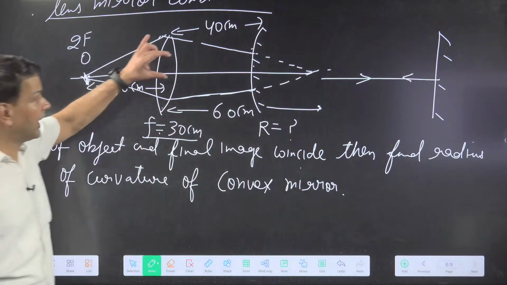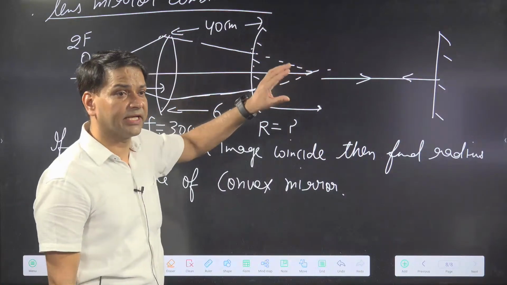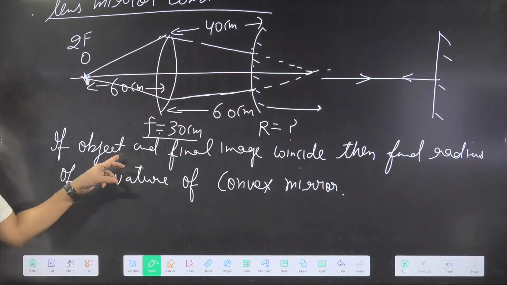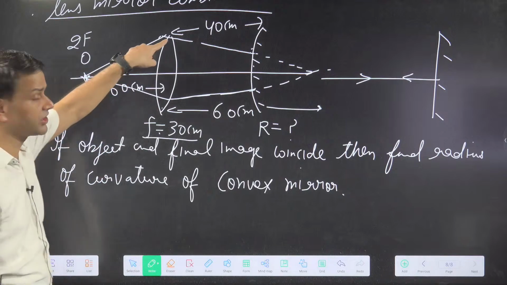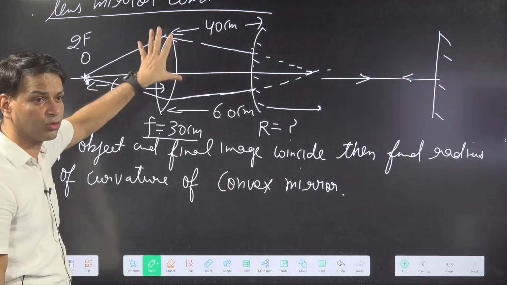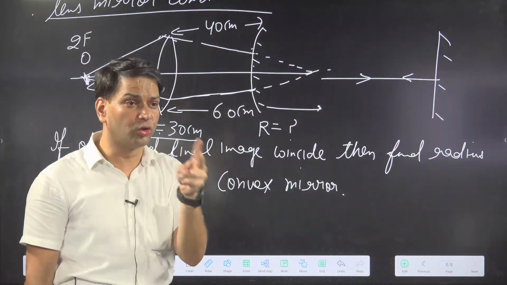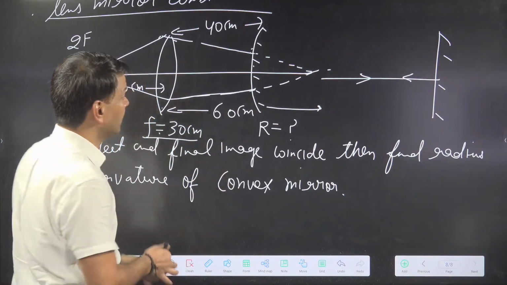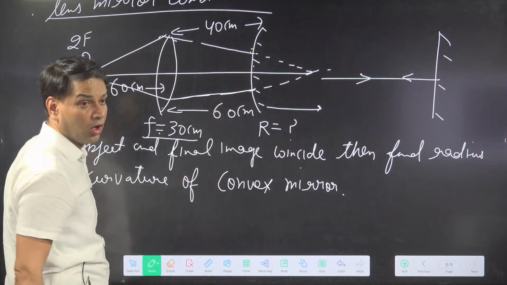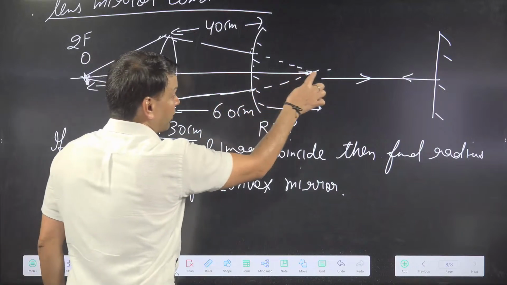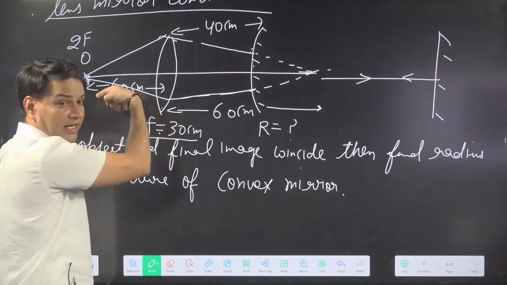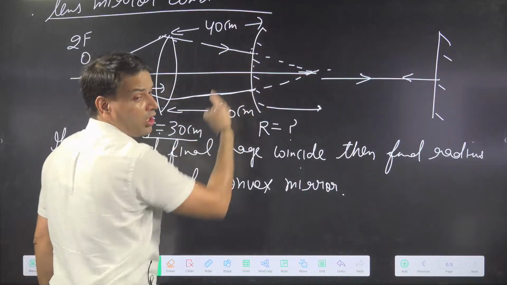Now light rays are going like this. The final image and object are coinciding. One refraction I already took from the lens. The final image will form after 2 refractions and 1 reflection. Now it falls on the convex mirror. For the object and image to coincide, it has to be normal incidence.